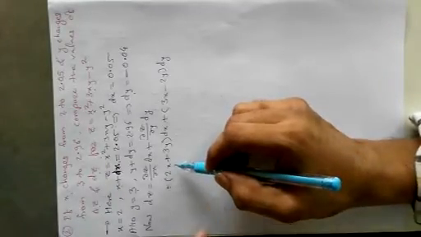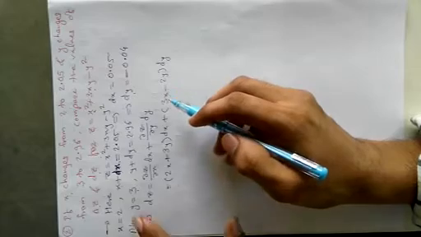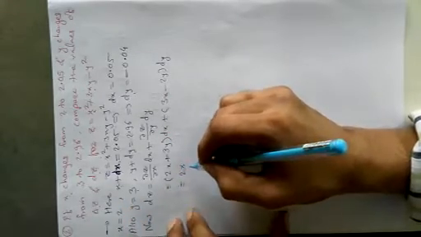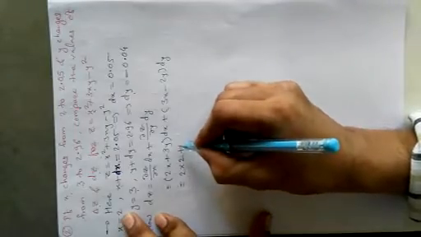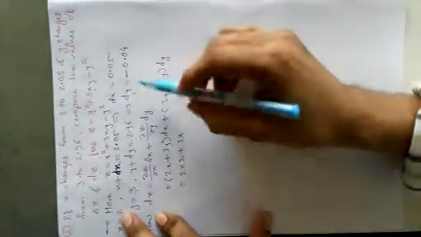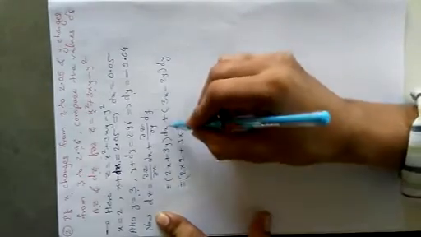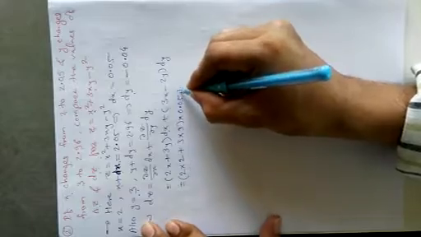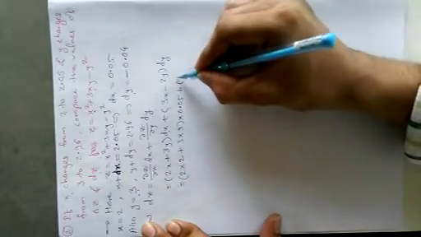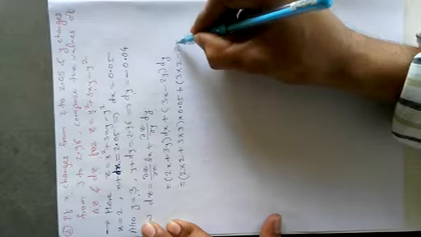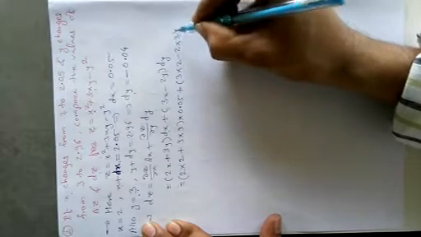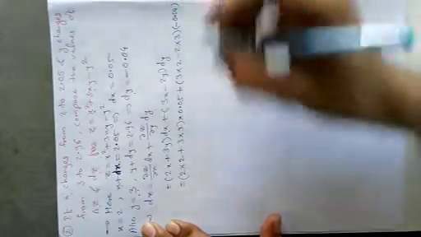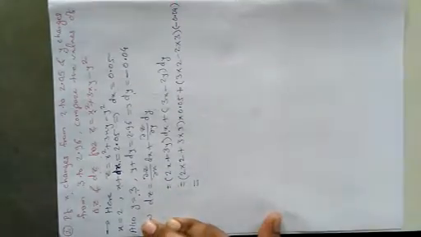Now we put here the values of x, y, dx and dy. 2 into the value of x which is 2, plus 3 into the value of y which is 3, into the value of dx, 0.05, plus next 3 into the value of x, 2, minus 2 into the value of y, 3, into the value of dy, negative 0.04.